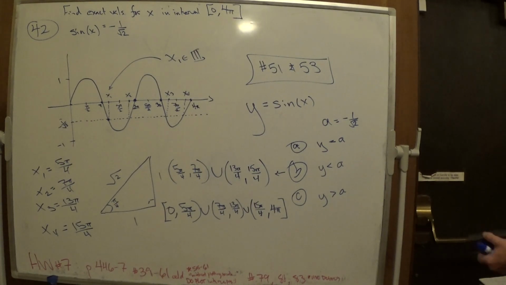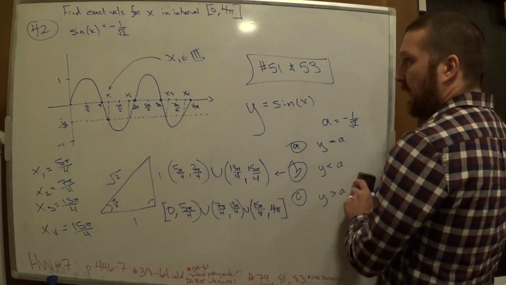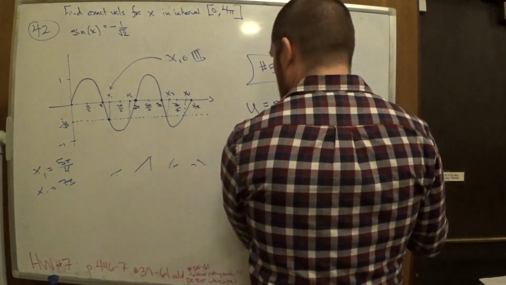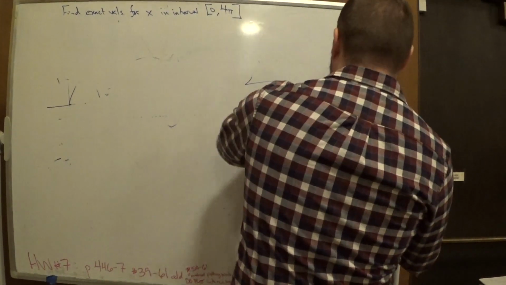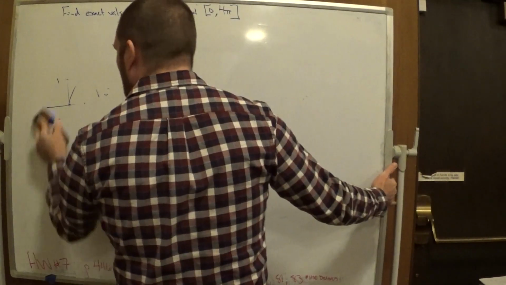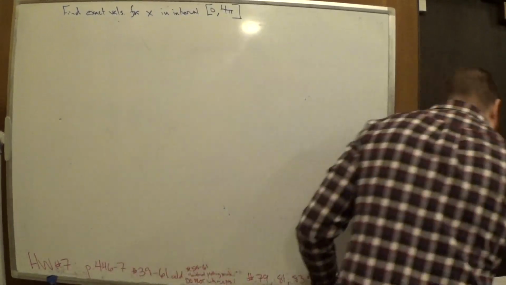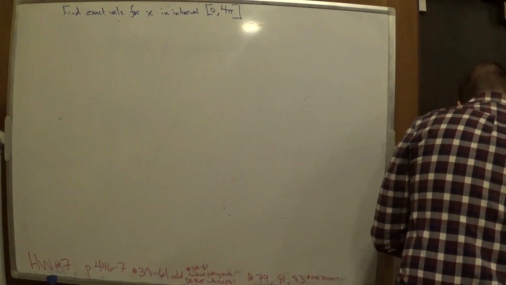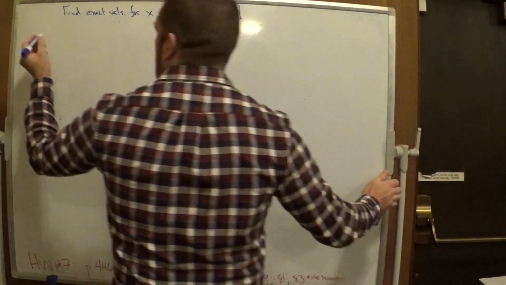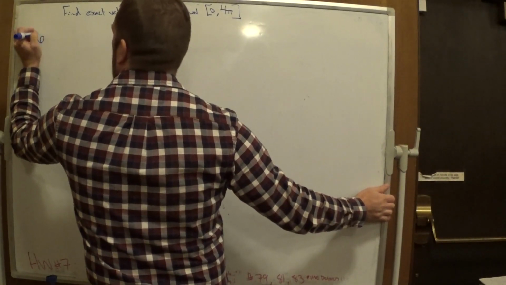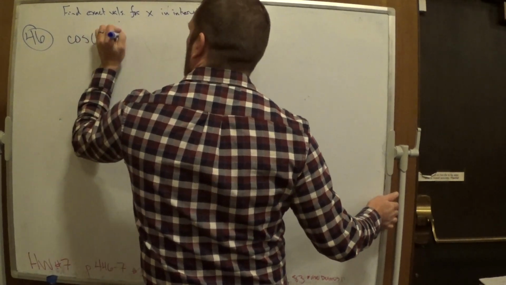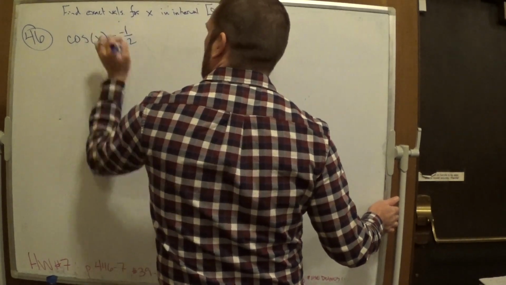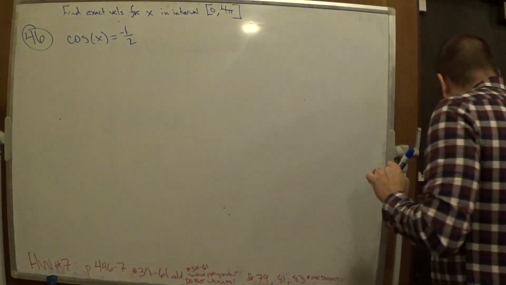Yeah, we'll do it. Why not? Okay. This is the same type of problem, same as the first type. All we're doing is finding the exact values for where this thing is equal to, in this case, -1/2.